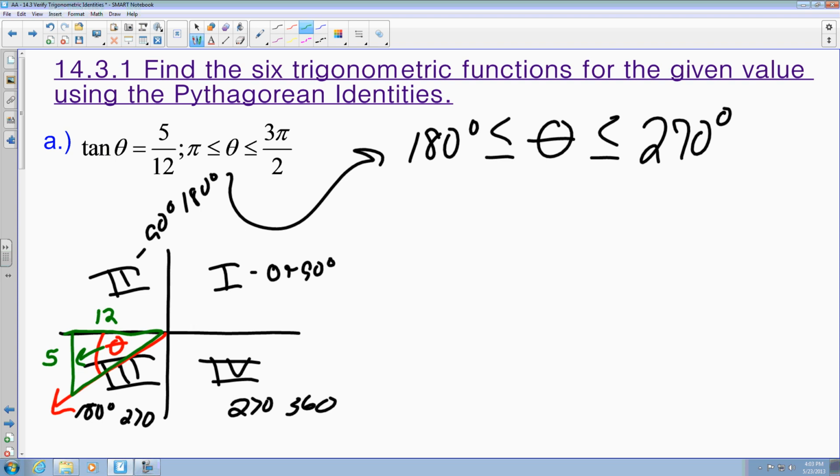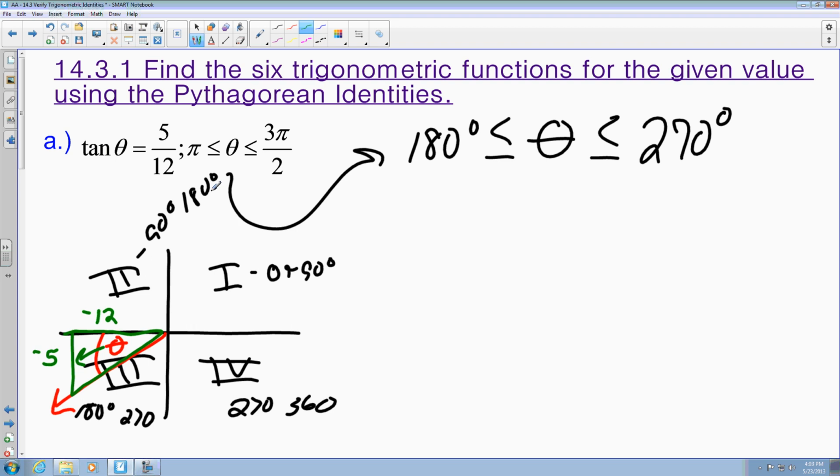But looking at this graphically, my x value is going to the left 12 units, which makes that a negative 12, and my 5 is going downward in my y coordinate, so that's a negative 5. That still holds true with positive 5 over 12, because negative 5 divided by negative 12, the negatives cancel to make a positive. But we have to keep that in mind when we're finding the values for the other trig functions.